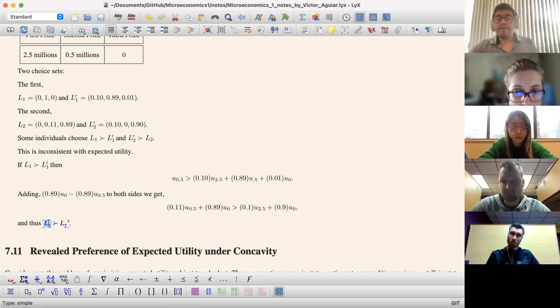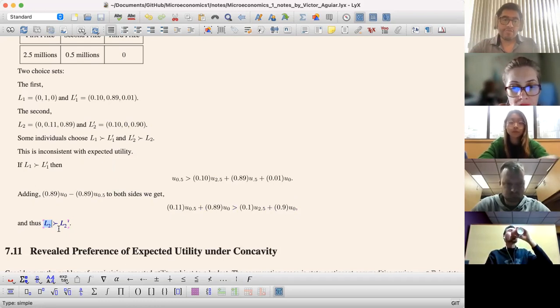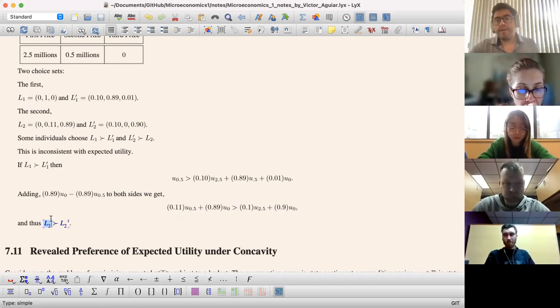So this means that if you are an expected utility maximizer, once you chose L1 over L1 prime, you must choose L2 over L2 prime. However, a lot of people chose L2 prime.